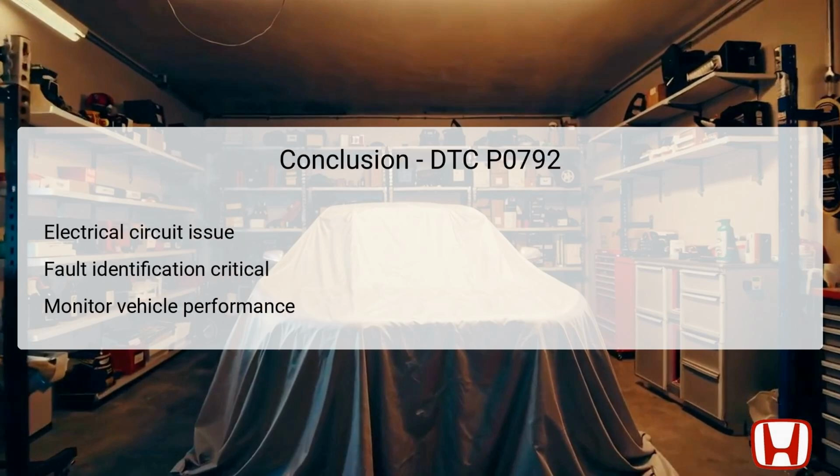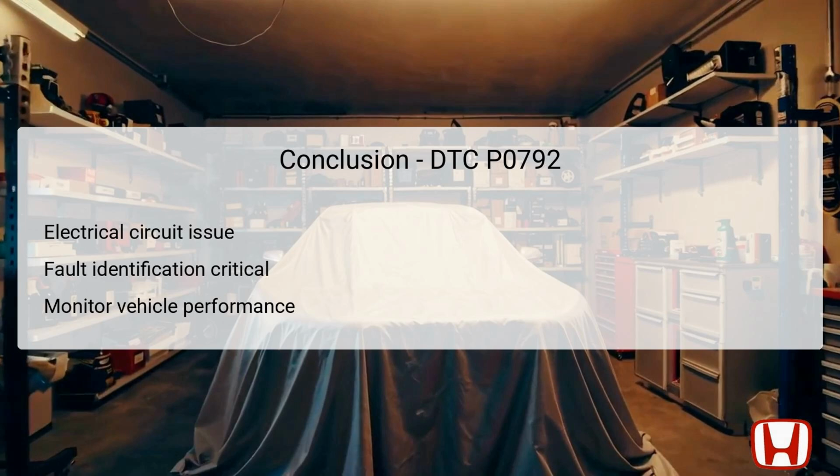In conclusion, DTC P0792 points to an electrical circuit issue related to the intermediate shaft speed sensor A in the Honda Civic models from 2011 to 2015. Recognizing the symptoms and understanding the sensor's crucial role aids in effectively diagnosing the problem. The troubleshooting process is methodical, addressing potential causes and verifying repairs to ensure functionality.